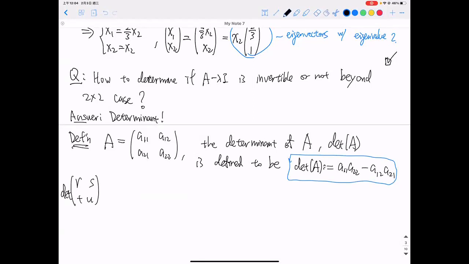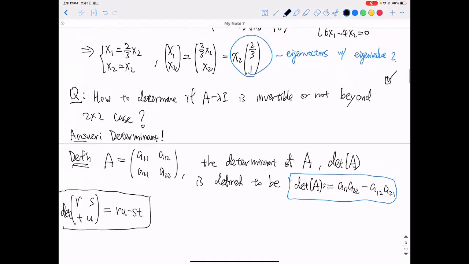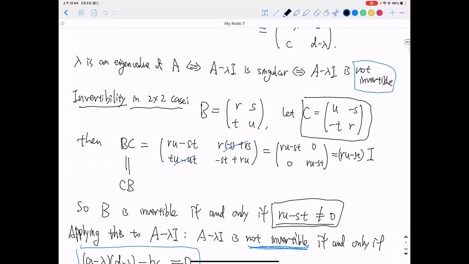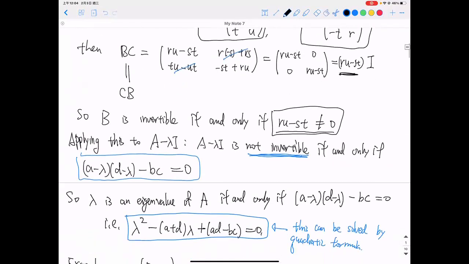For this matrix, the determinant is ru minus st, which is the quantity that we considered before, which we now call the determinant.